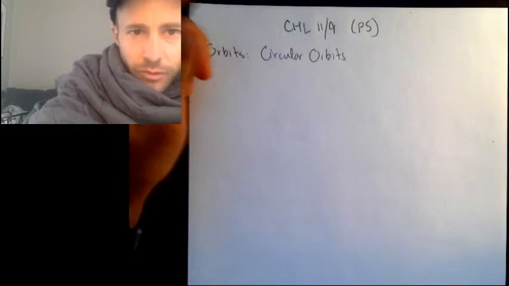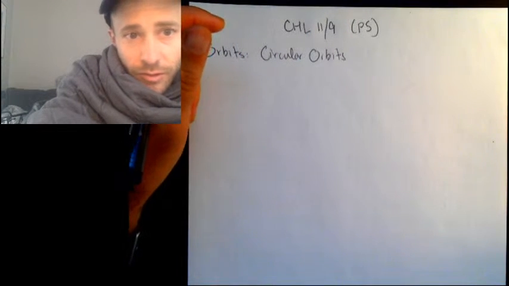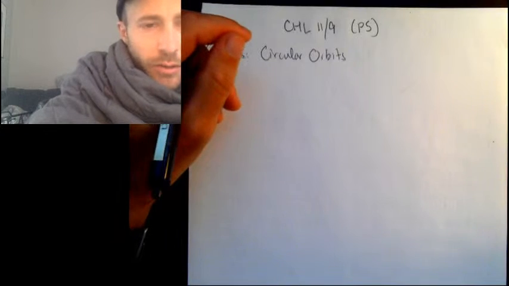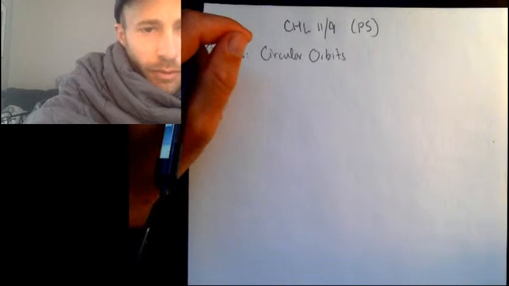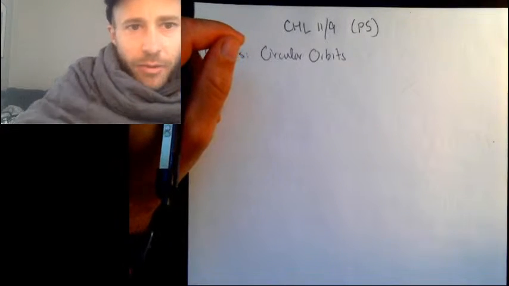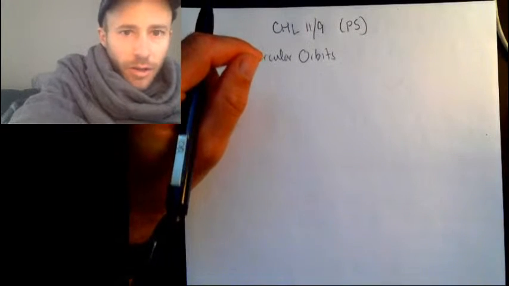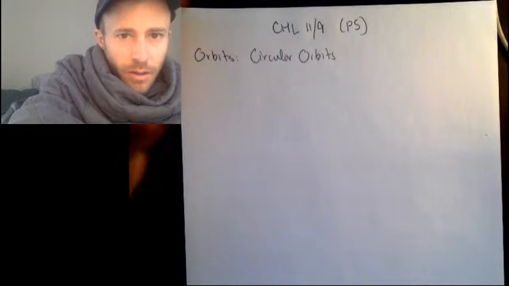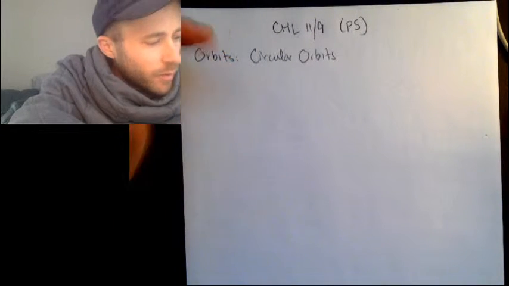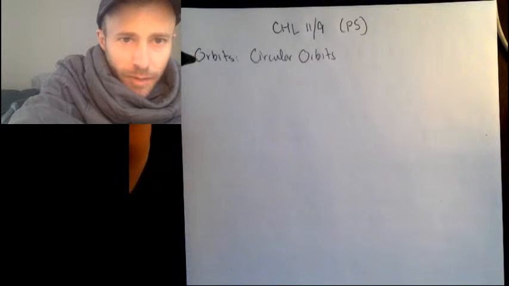The general shape of an orbit is not a circle, it's an ellipse. But the math gets considerably more complicated if you have non-circular orbits. So we're not going to worry about that.